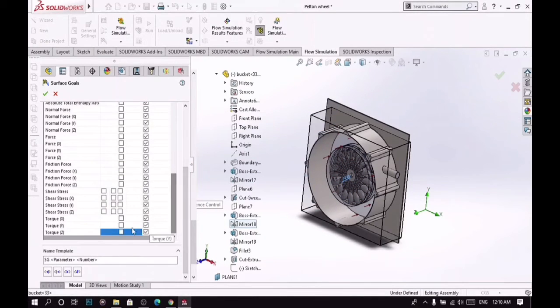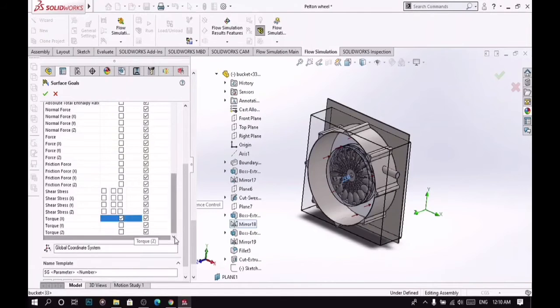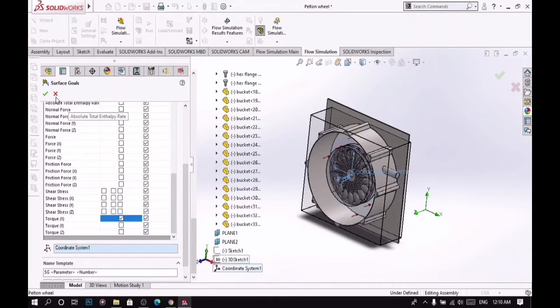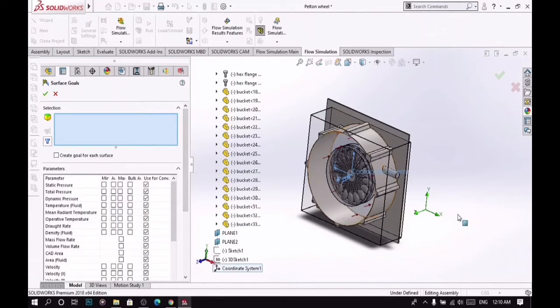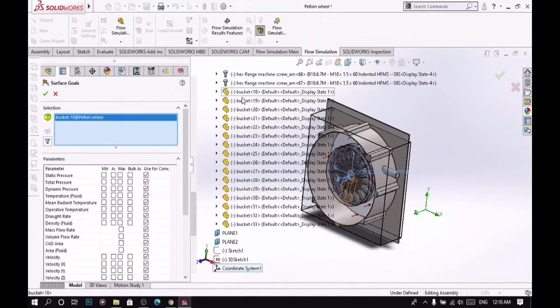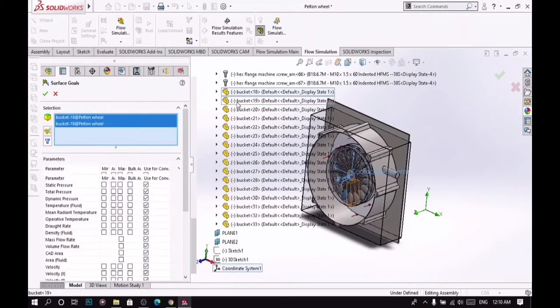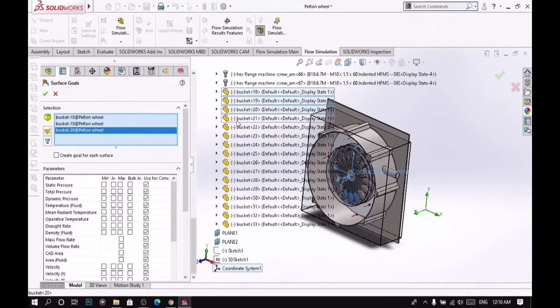And then next you must choose the torque X, and then the global coordinate system. So again it did not detect the 16 buckets, so we must input it again. We must choose all the 16 buckets as our surface goals.